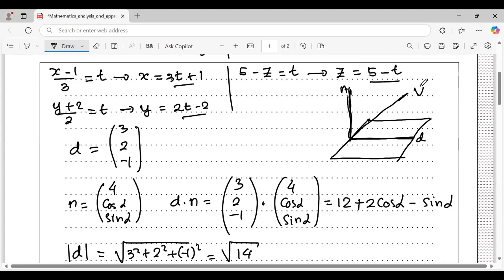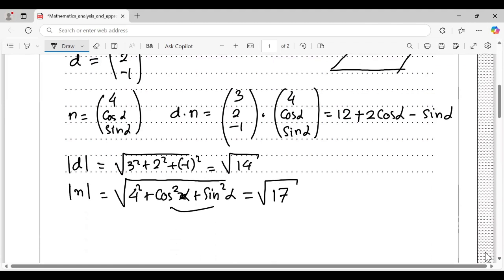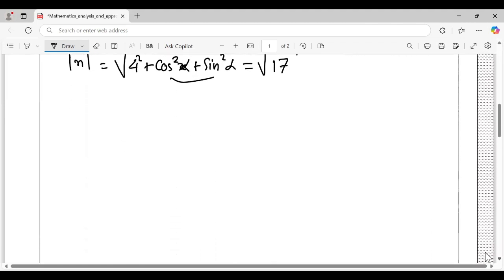So alpha is the angle between the direction vector of the line and the plane. So this is alpha, and this angle is 90 minus alpha. It means pi half minus alpha. Okay, so these are the angles alpha and pi half minus alpha.